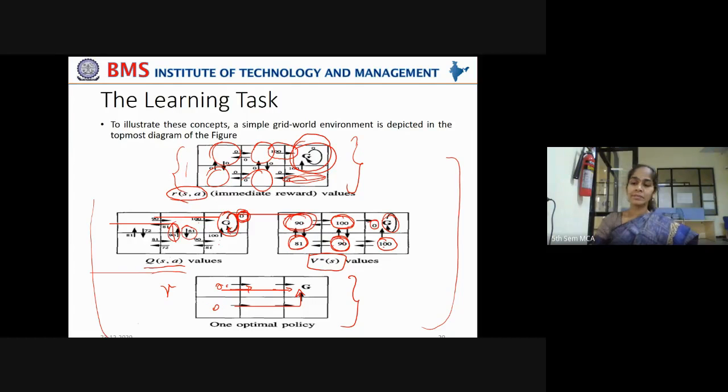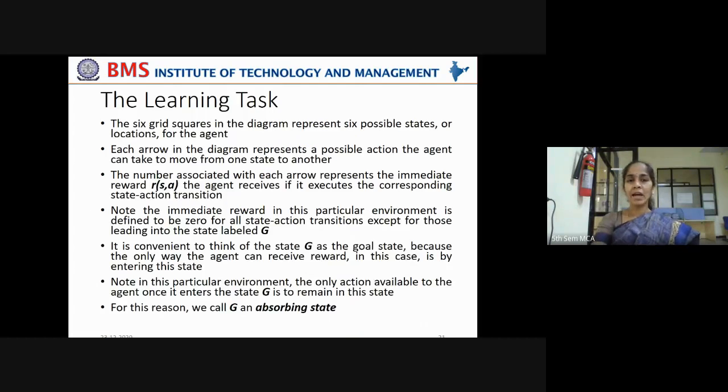So each arrow in the diagram represents a possible action the agent can take to move from one state to another. The number associated with each arrow represents the immediate reward R of S,A.